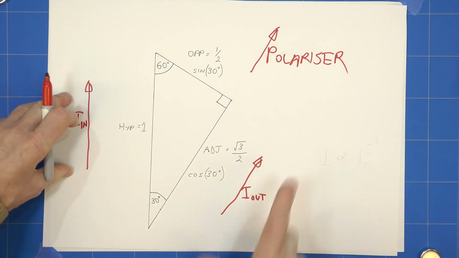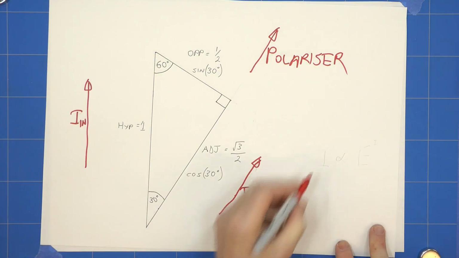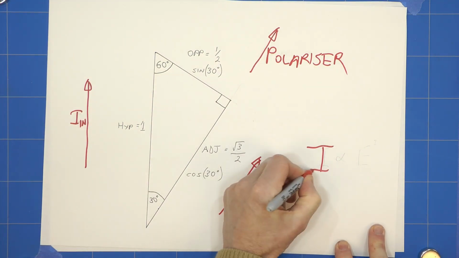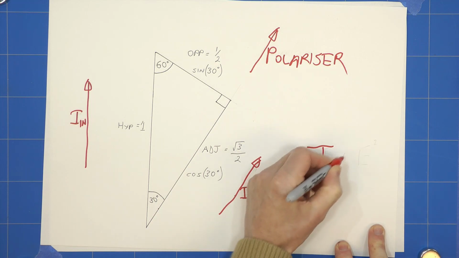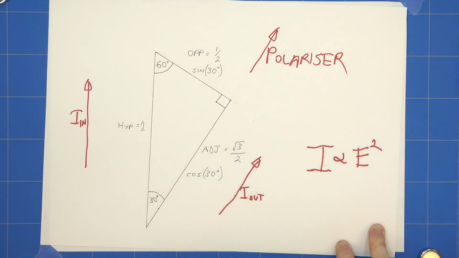So we have I in, I out when the polarizer is in that direction, and we do need to know that the intensity is proportional to the electric field squared.